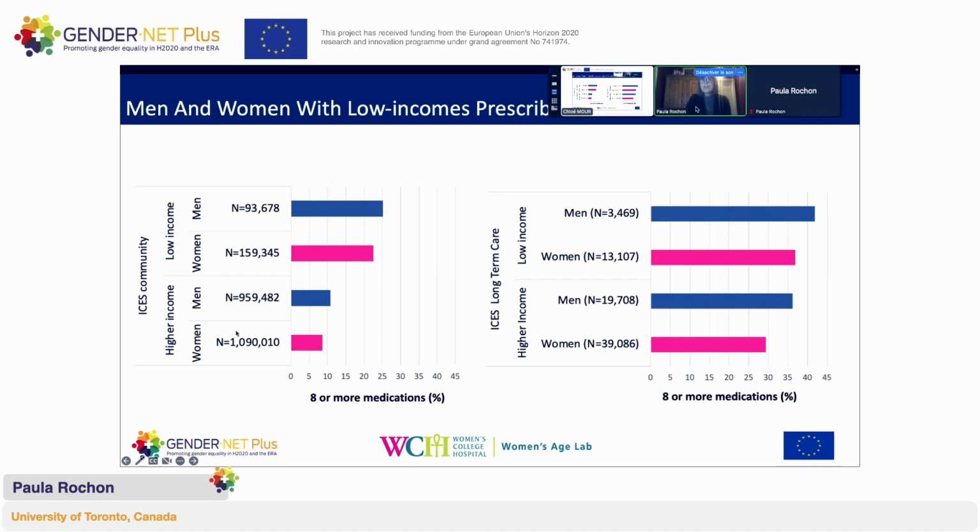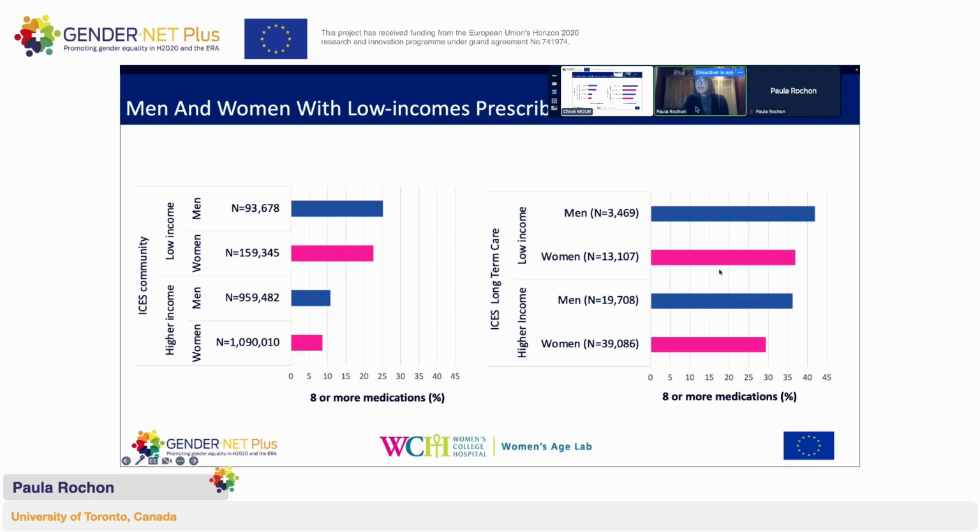What I want you to see is that if you have lower income, you're more likely to have more medications. And that's potentially inappropriate. You also see potentially the differences between women and men here. Women in the pink, men in the darker color. So for both women and men, you see the low income is really important.